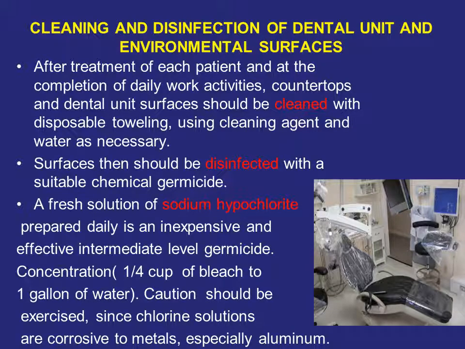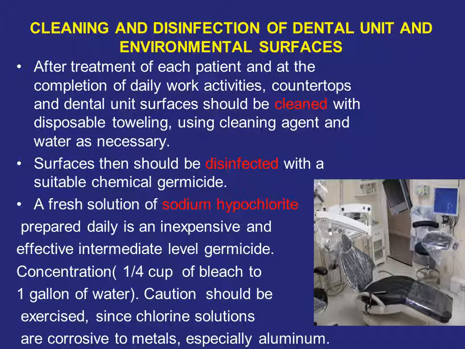Cleaning and disinfection of dental units and environmental surfaces. After completion of each patient treatment, all the dental unit surfaces should be cleaned using disposable towels and any cleaning agent and water.